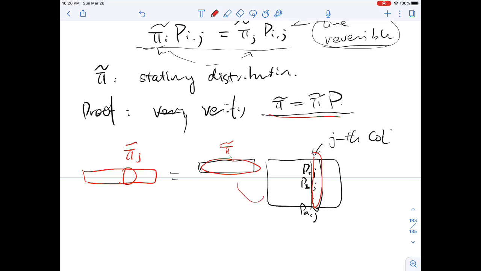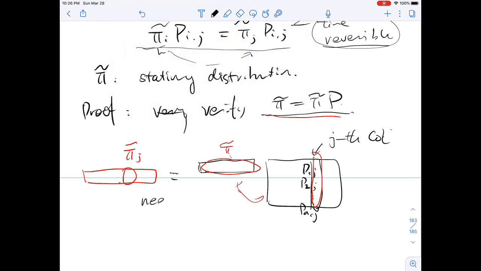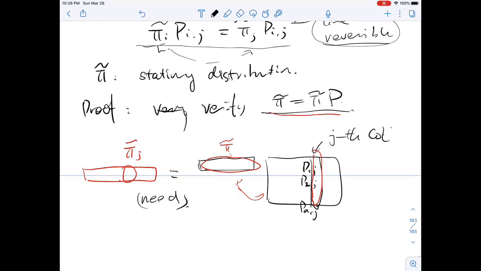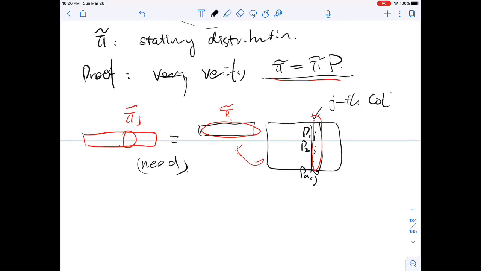This is how the matrix multiplication is done. So we just need to verify that. Let me write down need here to make sure that this is our goal. We haven't proved that yet.